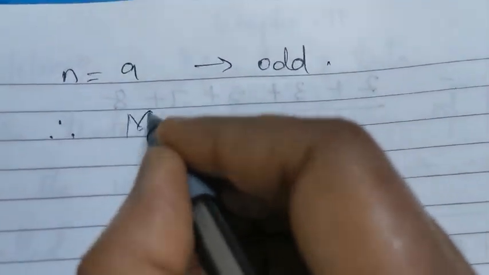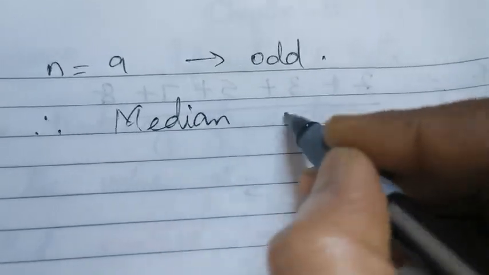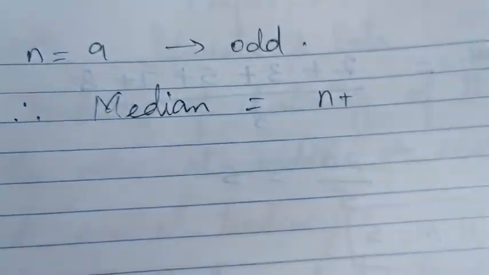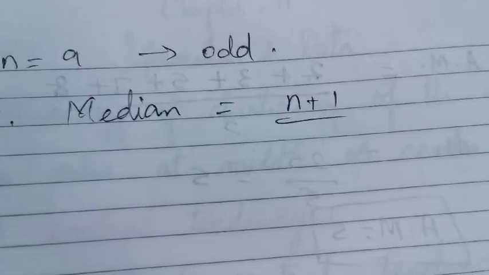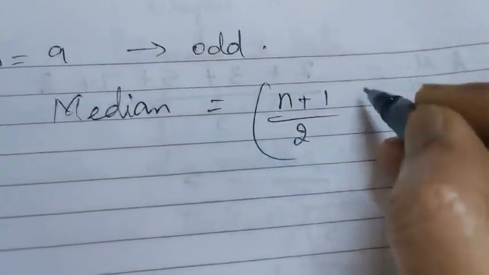So n is equal to 9, which is odd. Therefore, median is equal to the n plus 1 by 2th term.